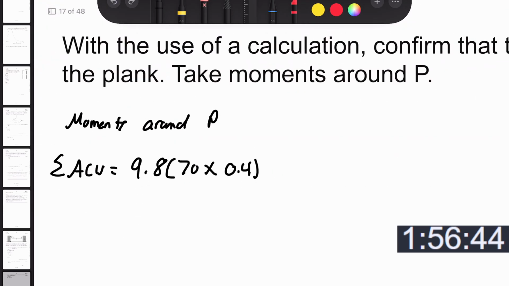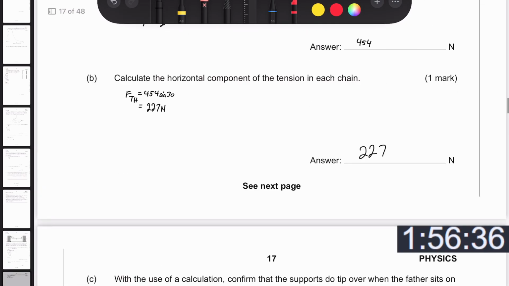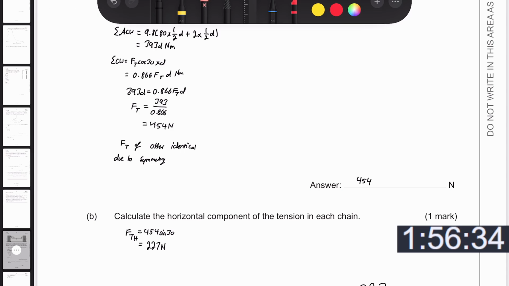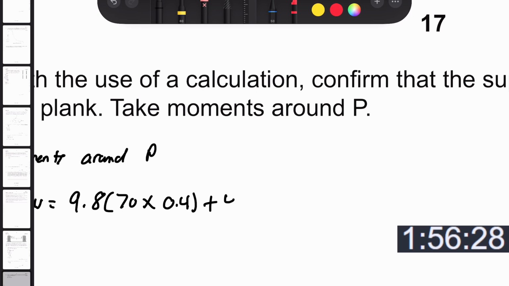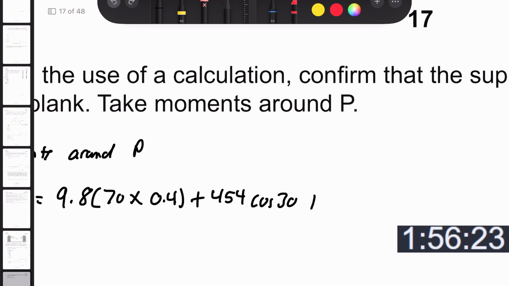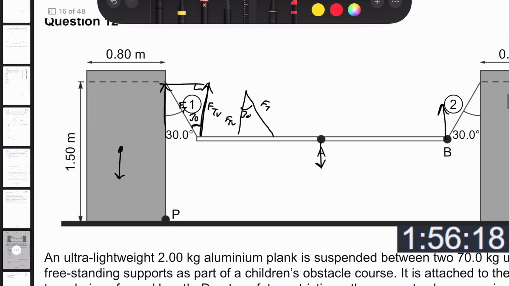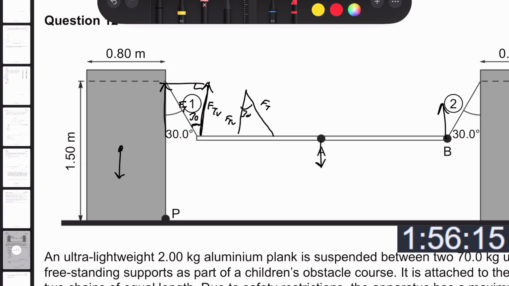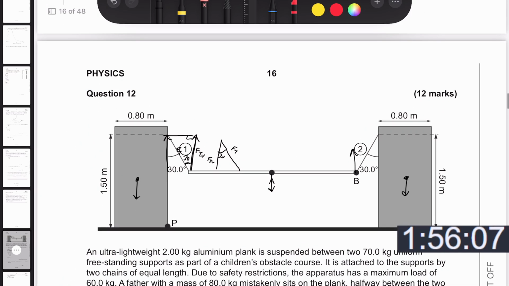And then we have plus force tension vertical times 454 cosine of 30 plus times, what am I going to say here?